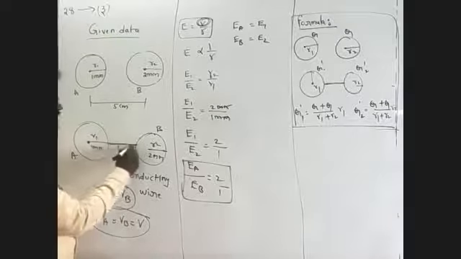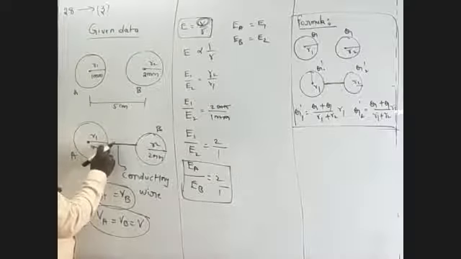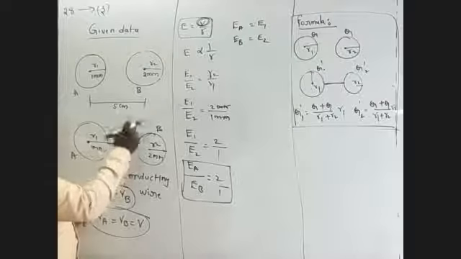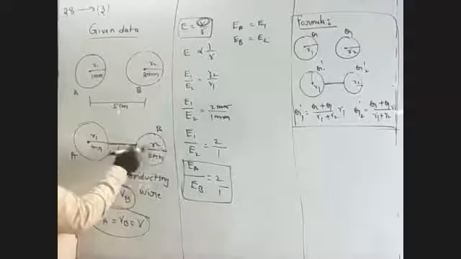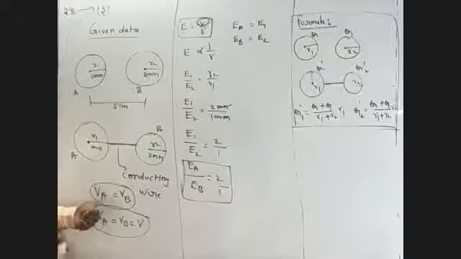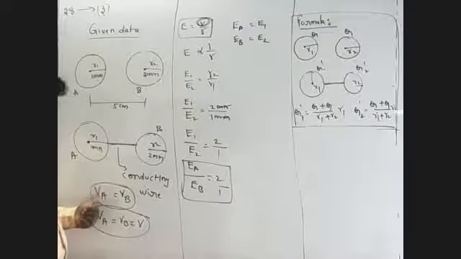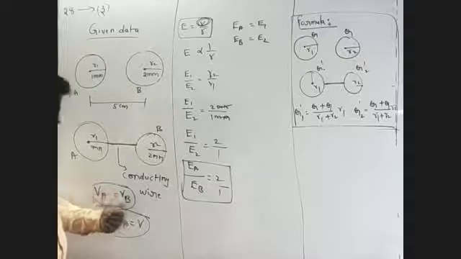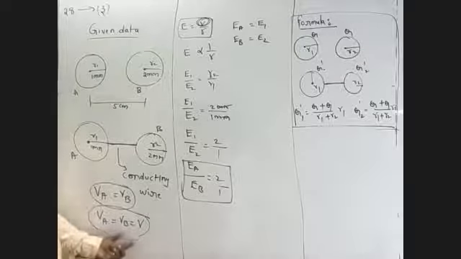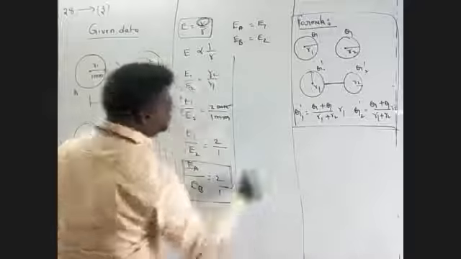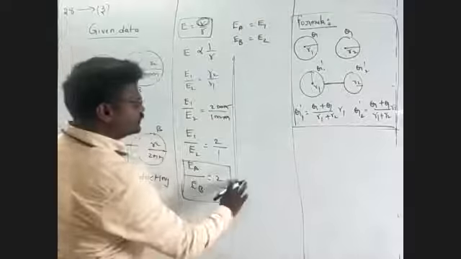This is a conductor. One end of the conductor is connected to body A, and the other end is connected to body B. Both are in contact with each other. After some time, the electric potential of body A is equal to the electric potential of body B. Both are at equal potential. I'm going to explain, you see carefully.